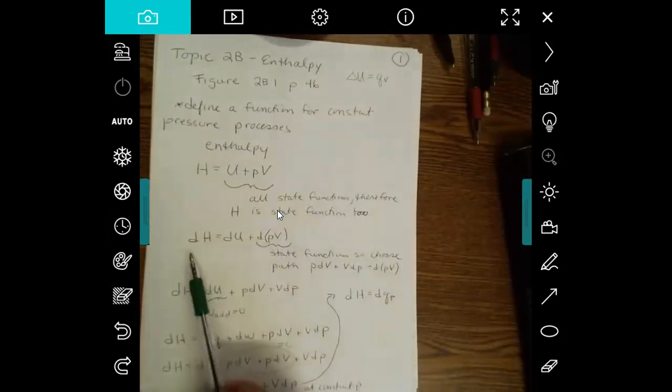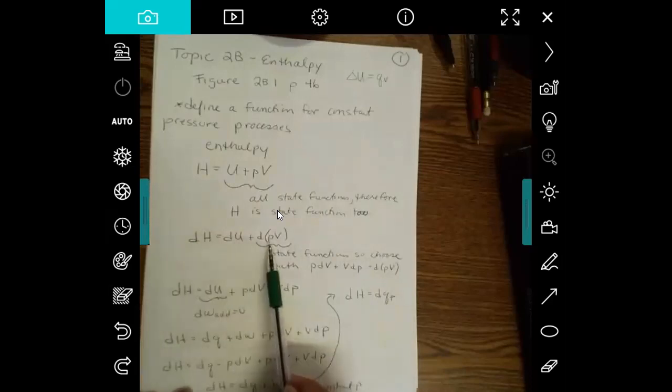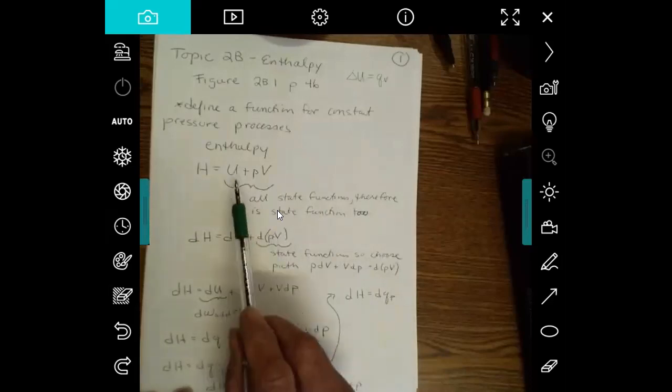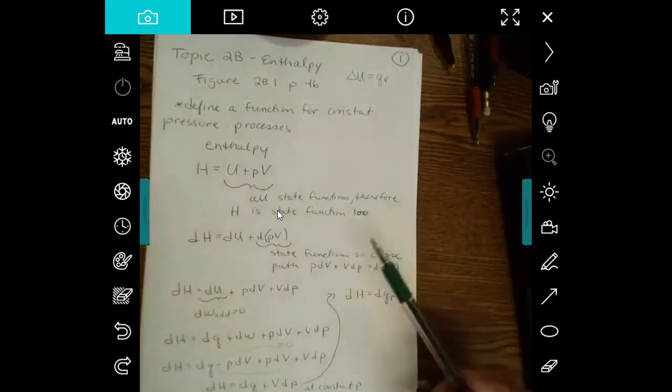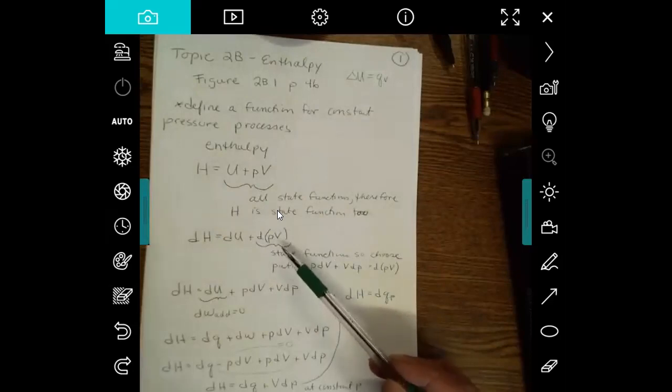So we can talk about infinitesimally small changes in enthalpy, internal energy, and the pressure-volume product. We go from our definition down to thinking about changes, because as we know, it's hard to measure an absolute value for internal energy, and therefore for enthalpy, but we'll be able to measure changes. If P and V are state functions, then we could choose any path we wanted to change pressure and volume.